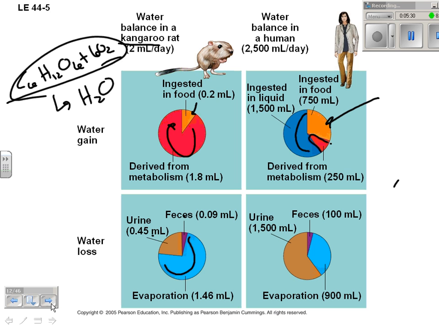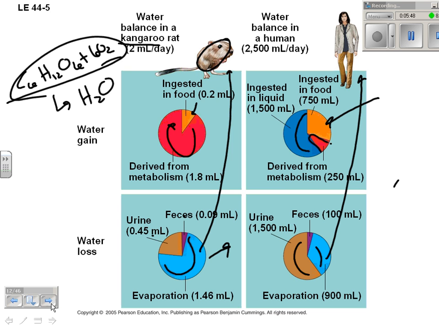But of course, then we produce a lot more urine as water loss, and we lose a lot through evaporation. Notice, this is a surface area to volume thing again, structure and function. Because they're so small, they have a larger surface area compared to their volume, a lot more evaporation. So they urinate less. It's a balance.